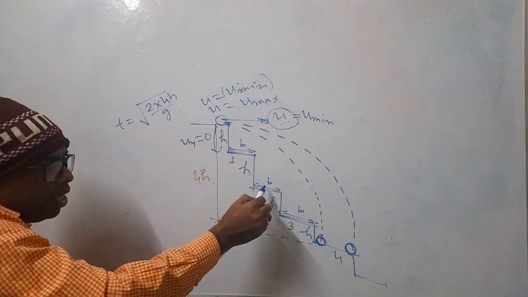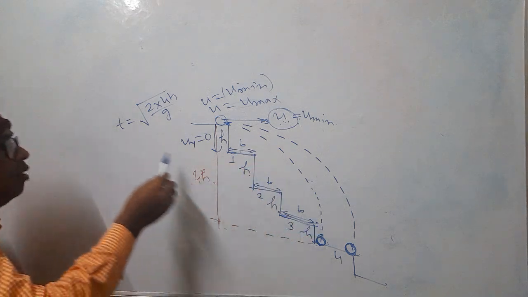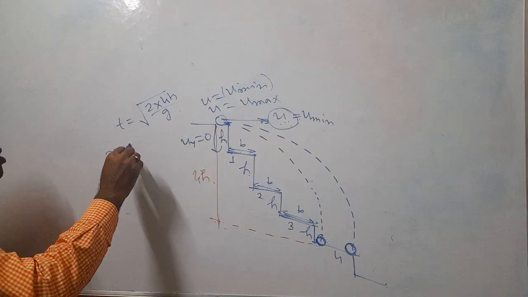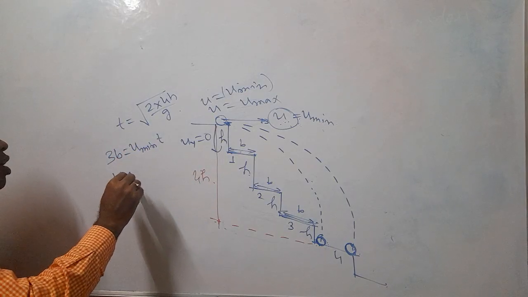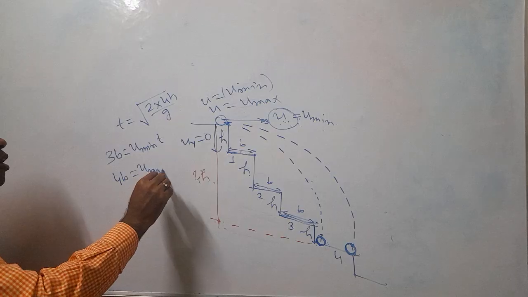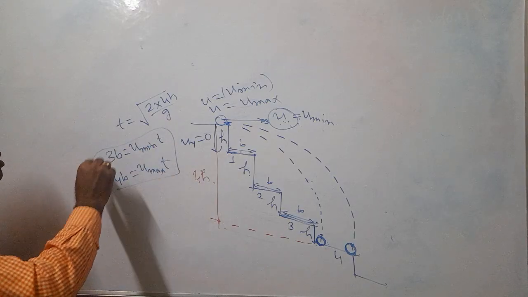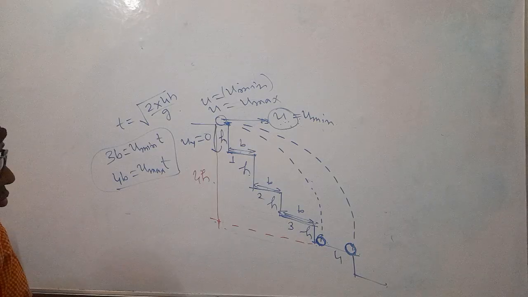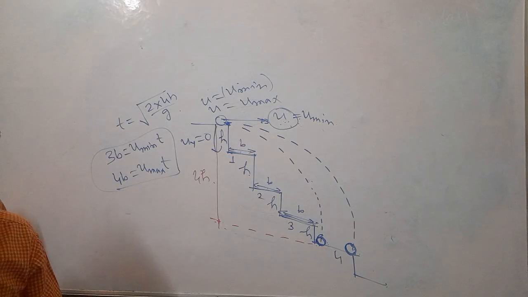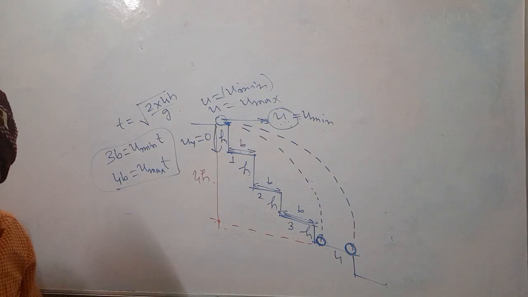And range for u minimum: 3b equals u minimum into t, and 4b equals u maximum into t. That's the concept. Okay, clear idea?